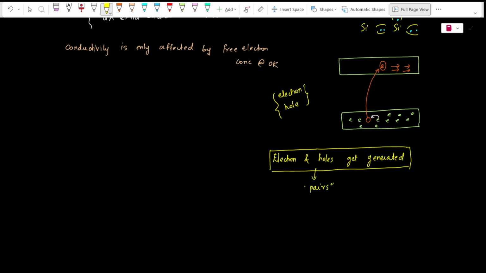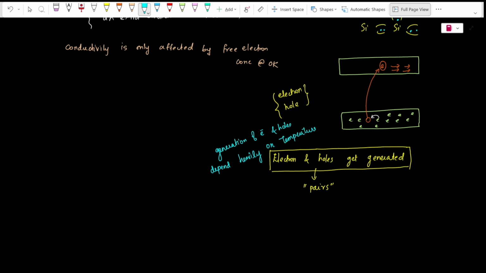The main point is that this generation of electrons and holes depends heavily on temperature.